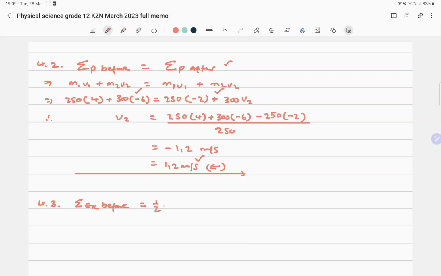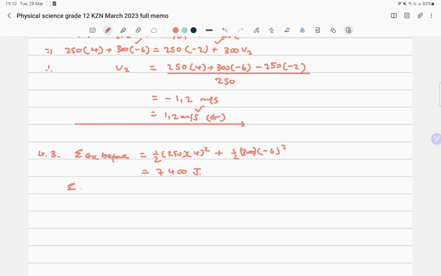It is going to be half of 250 of 4 squared plus half of 300 of minus 6 squared. Okay, 0.5 into 250 into 4 squared plus 0.5 into 300 into minus 6 squared, by the way. We're going to get 7,400 joules, okay?